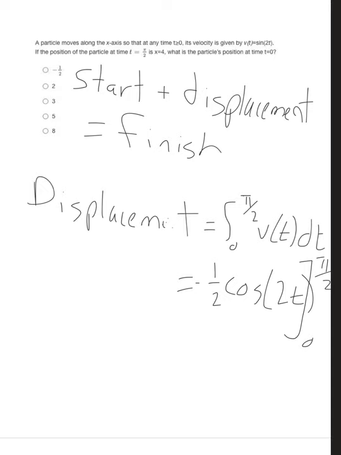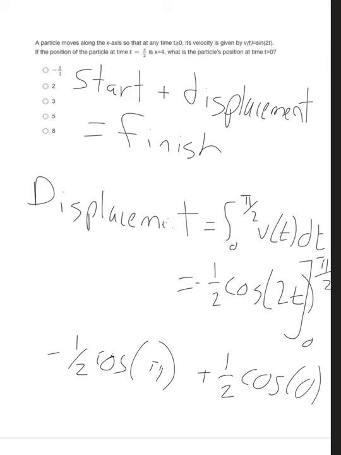So I plug in pi over 2 and I plug in 0 to this. I'm going to get negative 1/2 cosine. Well, because there's the 2 in there and I'm plugging in a pi over 2, that's just going to be pi, minus, well, now it's minus negative 1/2, so it's plus 1/2 cosine of 0.